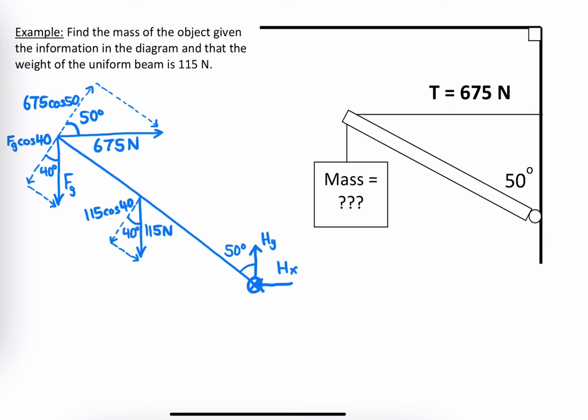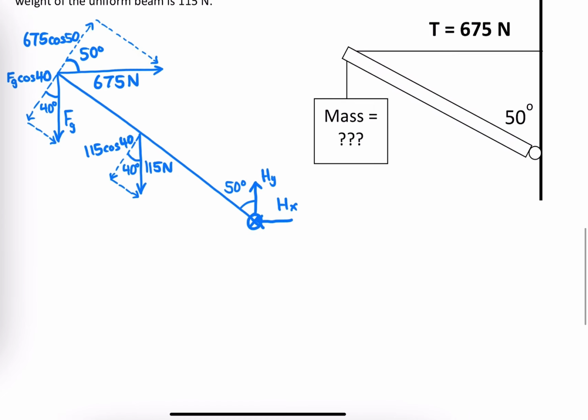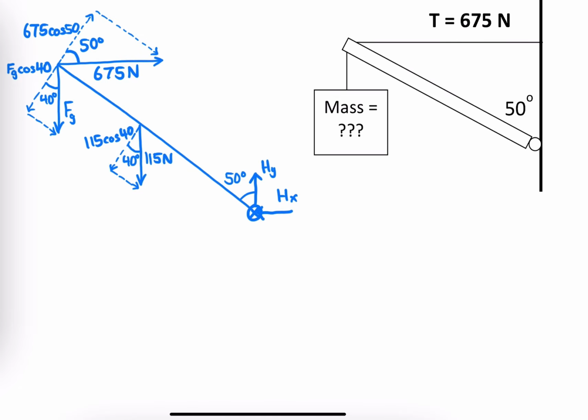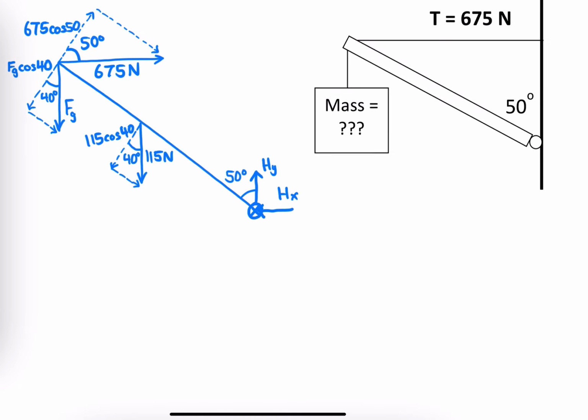Okay, so I'm done my free body diagram. I've split all the necessary forces into components that are perpendicular and parallel to the distance from the hinge. Now let's do some math. Let's get out my equilibrium condition. So I know the sum of all the torques has to be equal to 0.